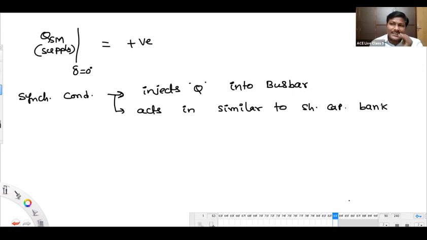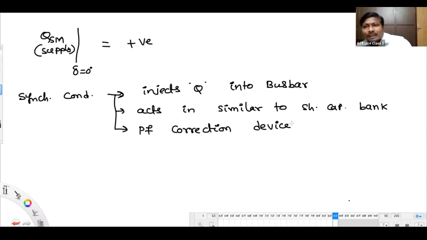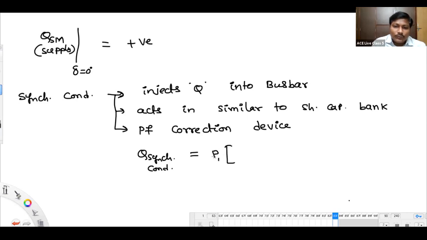What's the practical application of a shunt capacitor bank we said just now? Power factor correction device. So this also acts as a power factor correction device. The reactive power to be supplied to improve the power factor from cos phi1 to cos phi2 lagging is P1 into tan phi1 minus tan phi2.